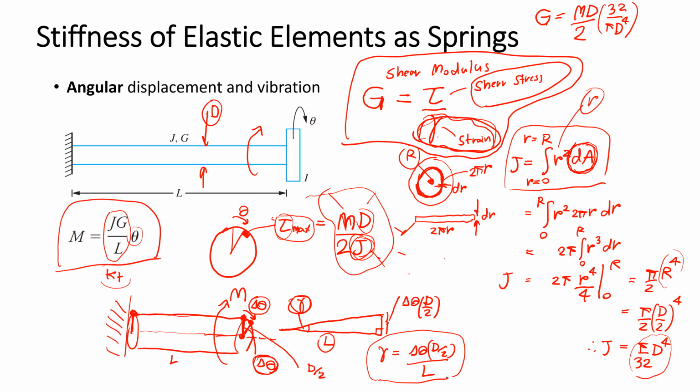Shear strain is delta theta d per 2L, because we have 2 here.